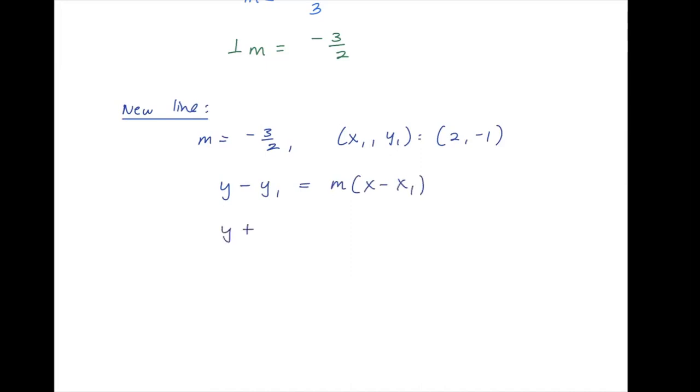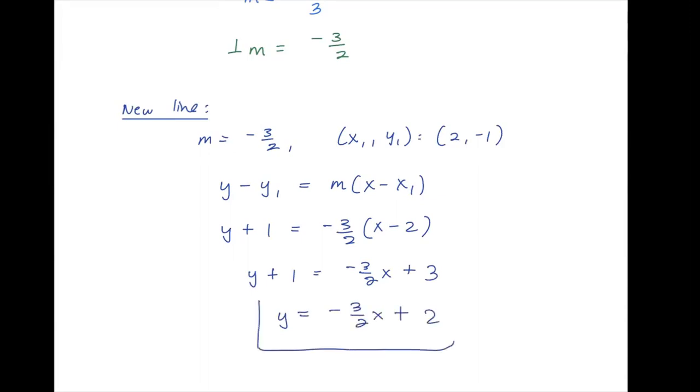So y plus 1 is equal to negative 3/2 times x minus 2. Distribute, y plus 1 is equal to negative 3/2x. Negative 3/2 times negative 2, the 2's cancel and the negatives cancel, so you get plus 3. And moving the 1 over, y is equal to negative 3/2x plus 2. So this answer was a little bit prettier than the last one.